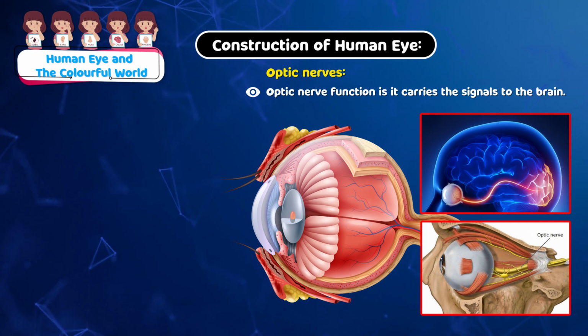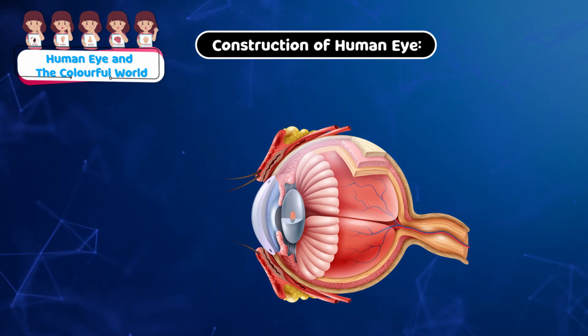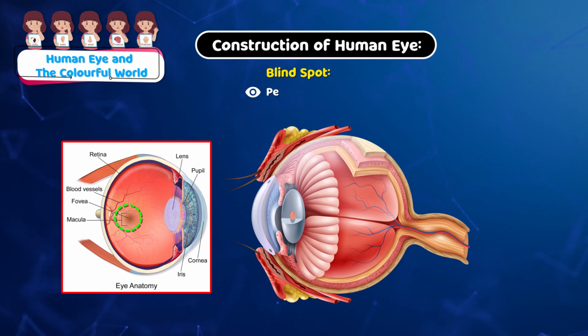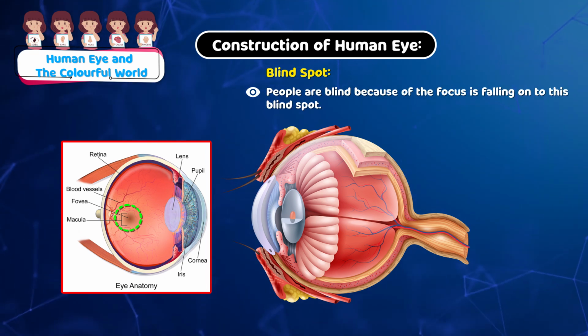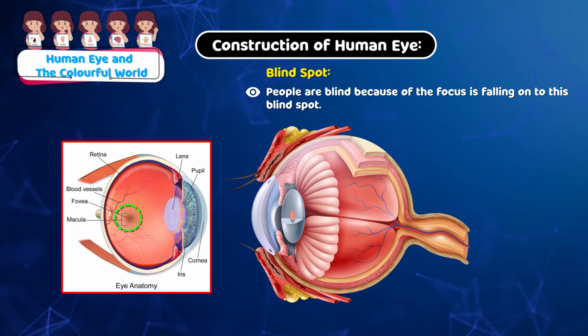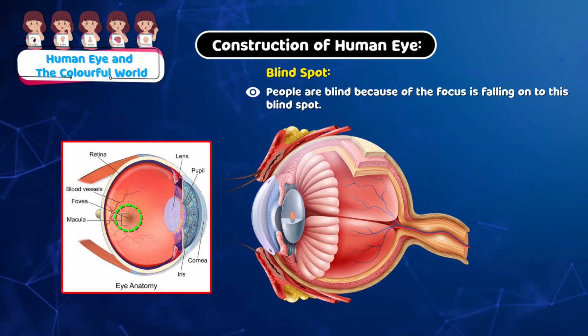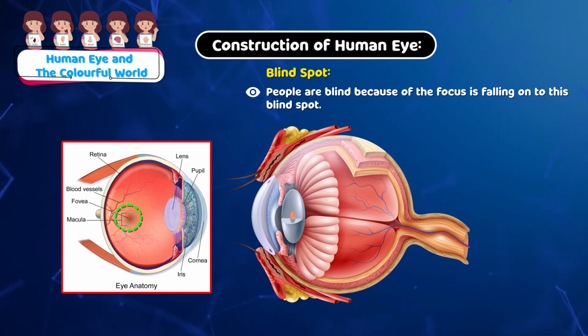So definitely when there are no sensory cells, there won't be any vision there. That is what is called the blind spot. The junction of the optic nerve and retina, where you don't have any sensory cells, is called the blind spot. This is one definition you need to remember.